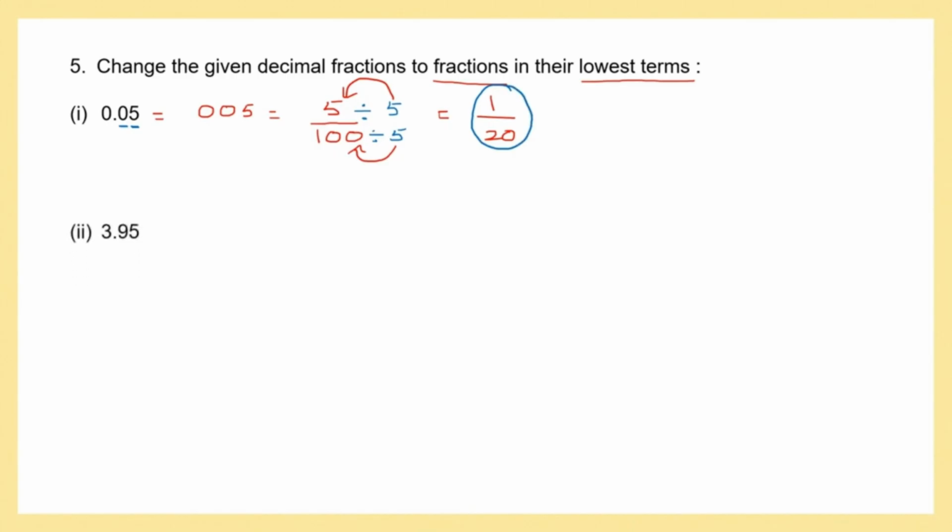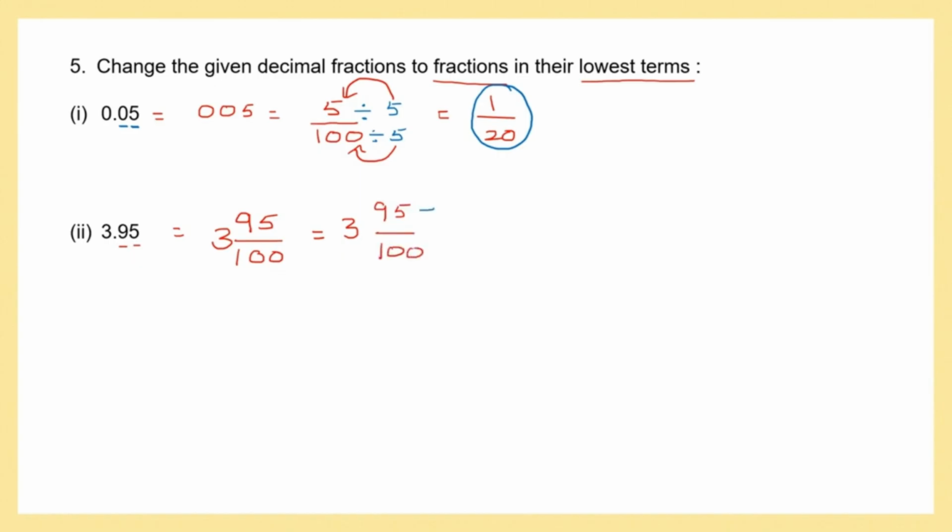Second question. 3.95. Now 95 is a decimal part. It will have a denominator 1 followed by 2 zeros because there are 2 decimal places. Now what about 3? 3 is my whole number. So this is a mixed fraction. So let me convert it to the lowest term. I will write 3 as it is. Now 95 by 100. Both have to be reduced to the lowest term.